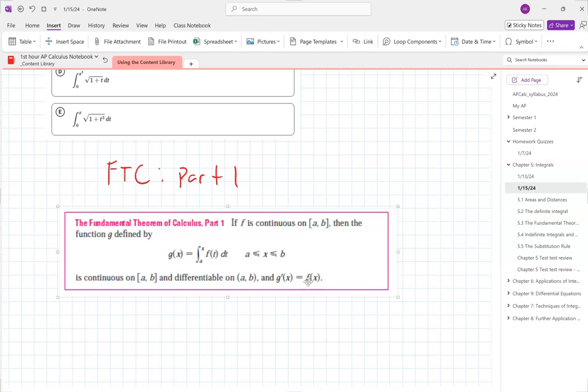That's what I would be writing, so that'd be my antiderivative for f. That's it.